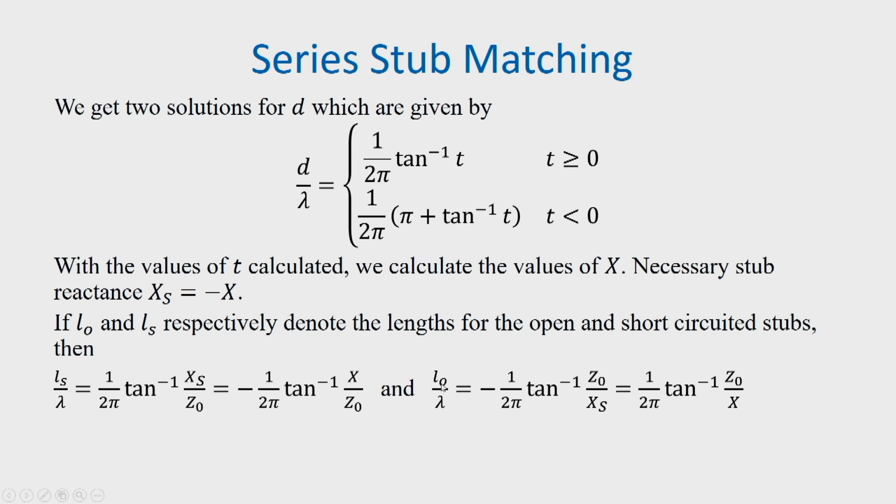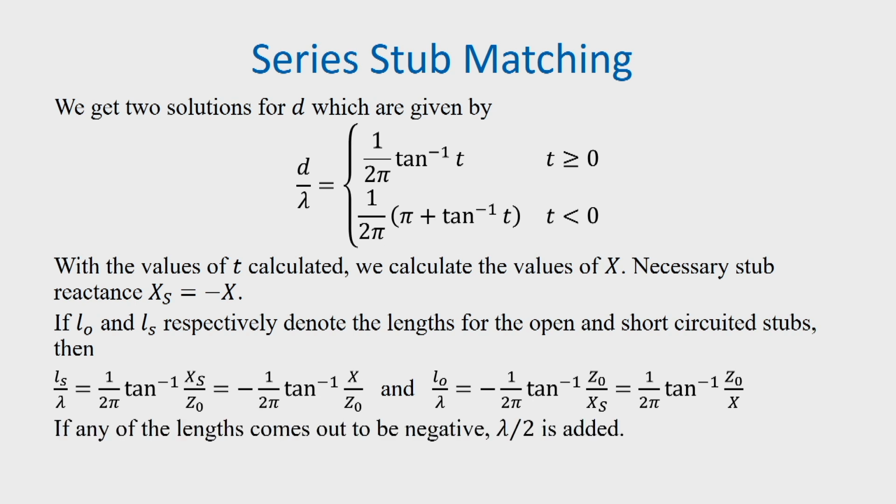Similarly, for the open circuit case, we get L open or LO by lambda is equal to minus 1 by 2 pi tan inverse z naught by xs, and this is equal to 1 by 2 pi tan inverse z naught by x. We are calculating the lengths of the stub. It may be noted that if any of the lengths come out to be negative, we can add lambda by 2 to get the actual stub length.